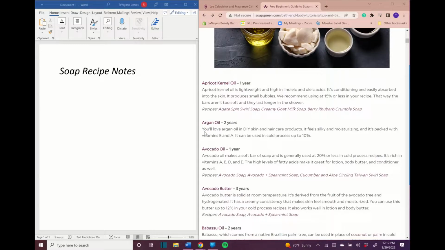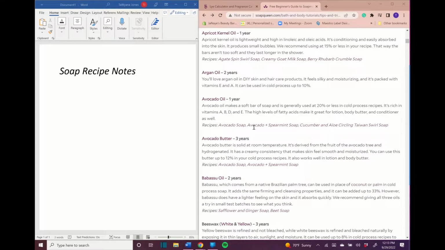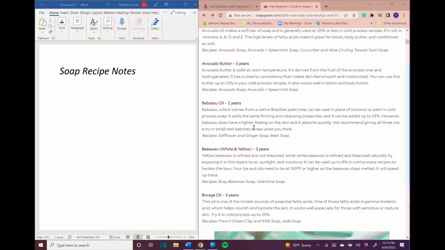She gives those suggestions and lets you know how the soap acts. She also has another article like this where she shows how she's made the soap with a specific oil, what the soap looks like, and the properties of the soap. This site right here is what I used to determine the kind of oils that I was going to use in my soap, the oils and butters.